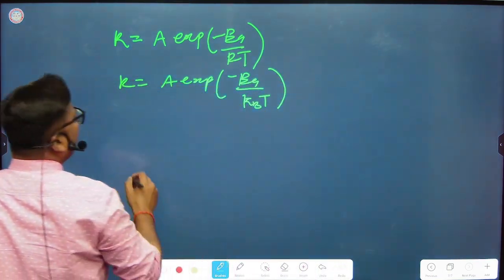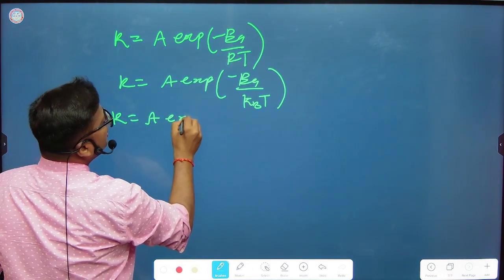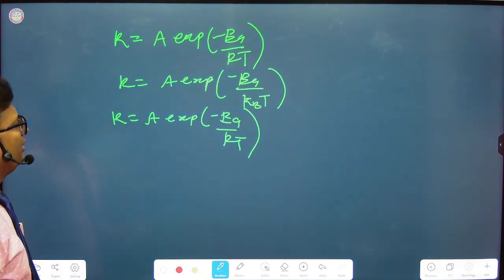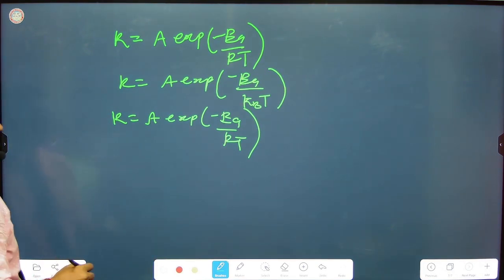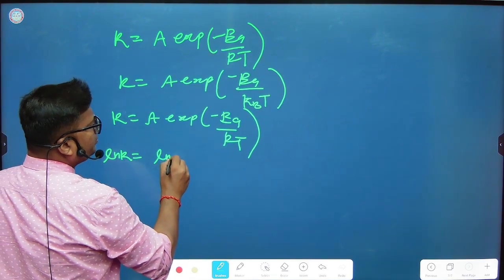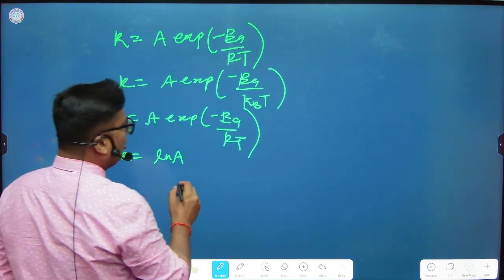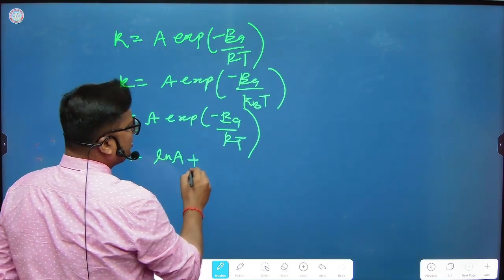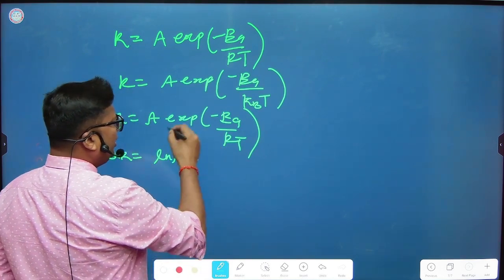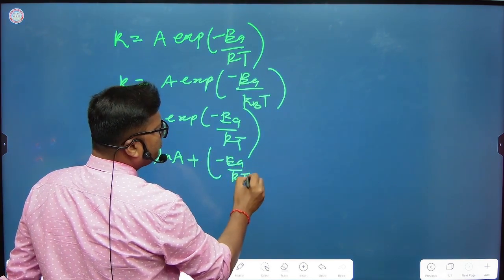Now we can convert this exponential expression, K is equal to A exponential minus EA upon RT. So take ln, that is natural logarithm, on both sides. So ln K equals ln A plus, by the law of product of natural logarithms, ln of e to the power cancels out, and this will be minus EA upon RT, right?